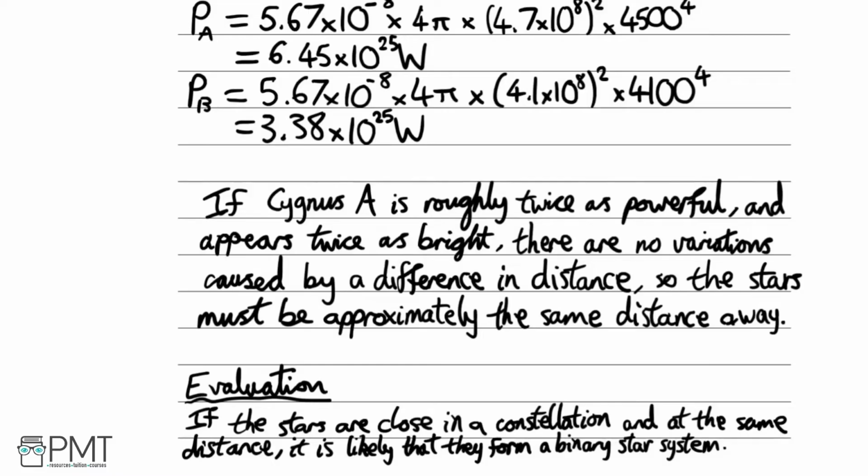Now to get 6 marks in this question, you need to have calculated the power outputs correctly, compared the brightnesses of the stars, and come to the conclusion that the stars are a similar distance away from each other. Now I'm not going to assign specific marks to this because the mark scheme isn't as simple as that. There's also a mark given for quality of written communication, but if I give you an example of something that might cause a mark to be lost, there could be an error in the calculation.